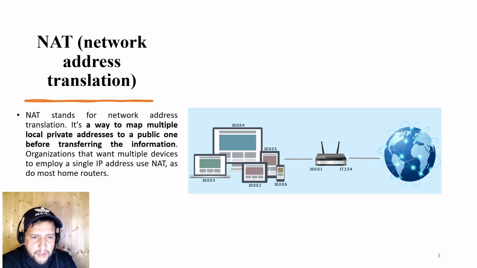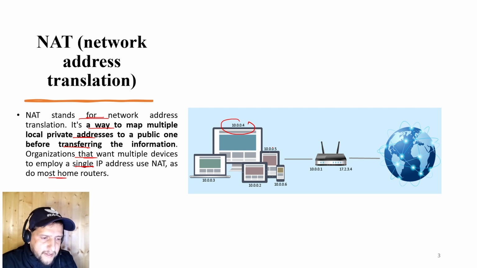Then you got network address translation. So this stands for network address translation. It is a way to map multiple local private addresses to a public one before transferring the information. Organizations that want multiple devices to employ a single IP address use NAT, as do most home routers. So what you have here, you have multiple private IPs.